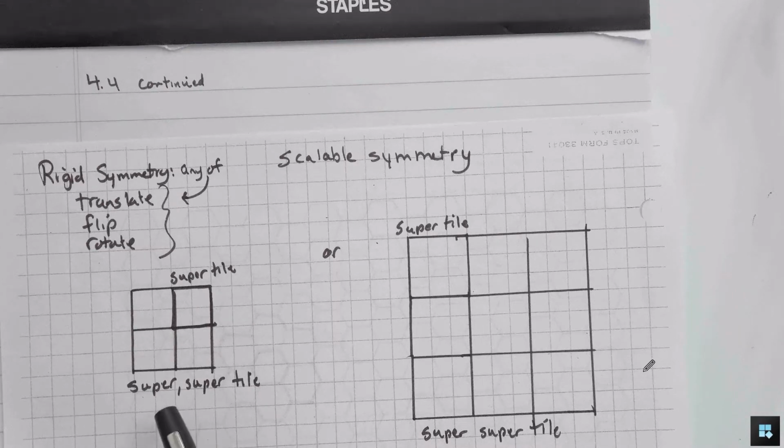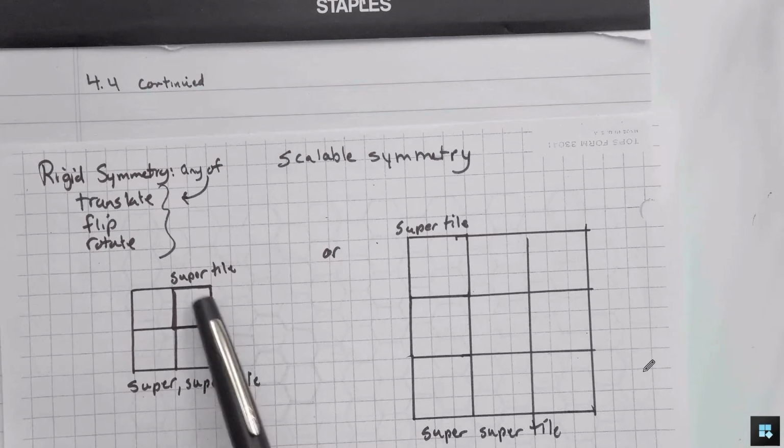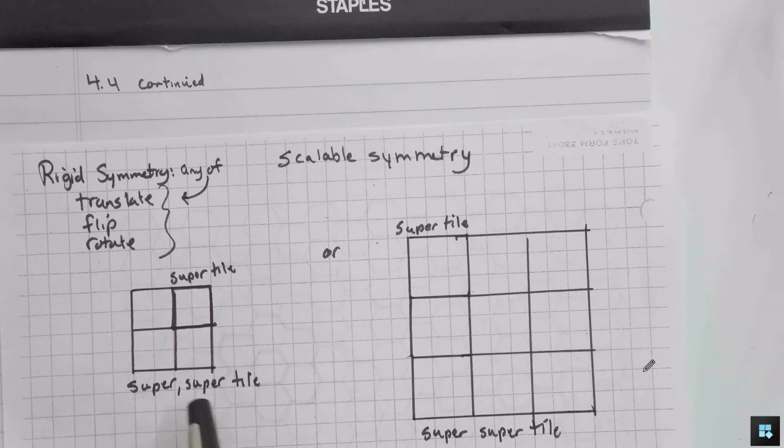And if you did that, when you took this shape and put it in a photocopier and shrunk it down, you would still have the exact same tiling pattern. So scalable symmetry means that as you put the tiles together that are small to make larger tiles, they make exactly the same shape, and you can pattern the exact same pattern, just on a larger scale. So that was scalable symmetry.